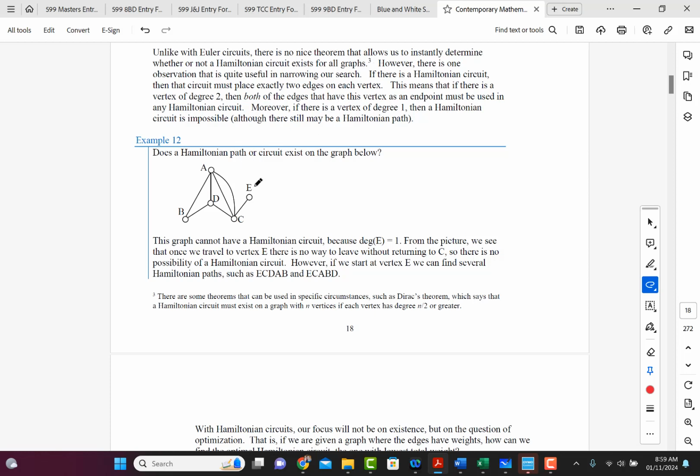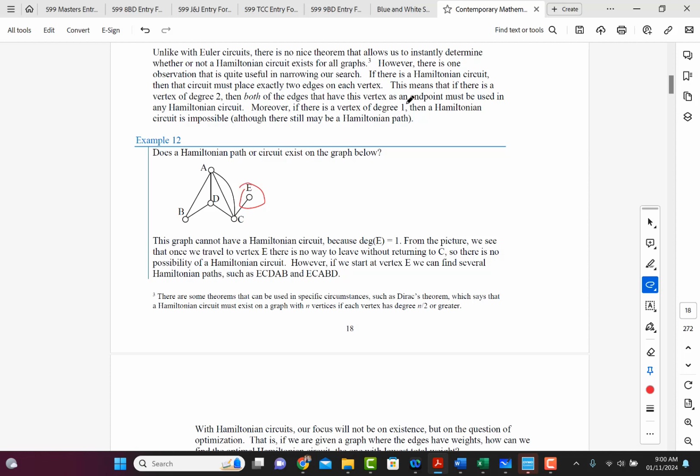But if you look at this one, right away we can see that E only has one edge.